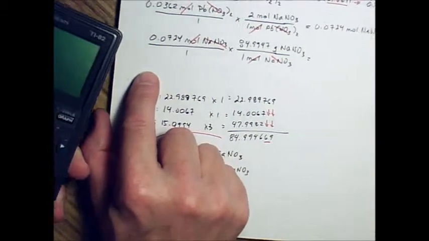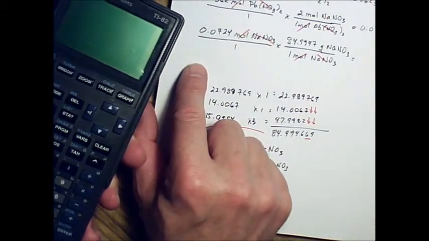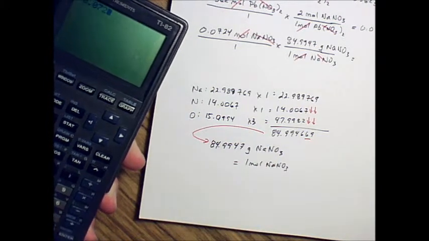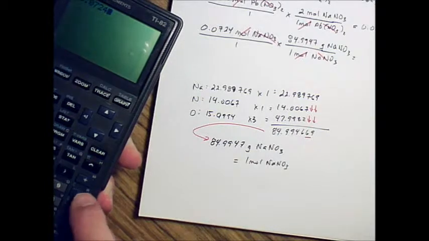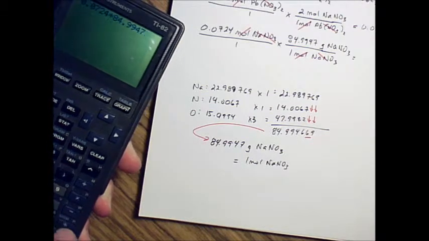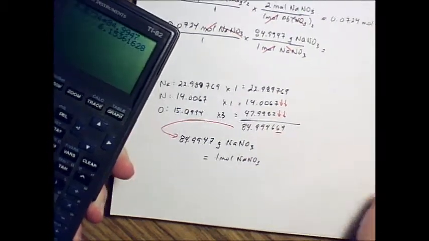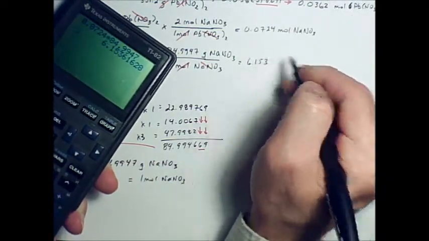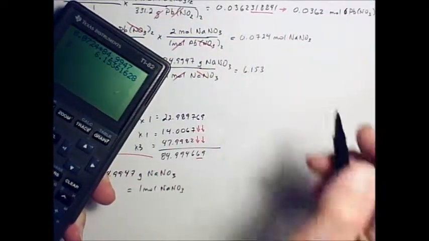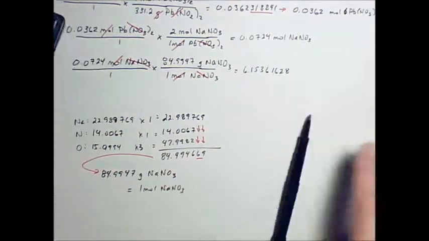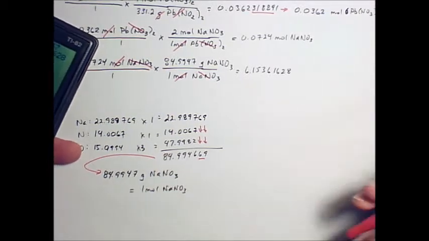So, 0.0724 times 84.9947. Okay, we're going to round it off to how many digits? 3.